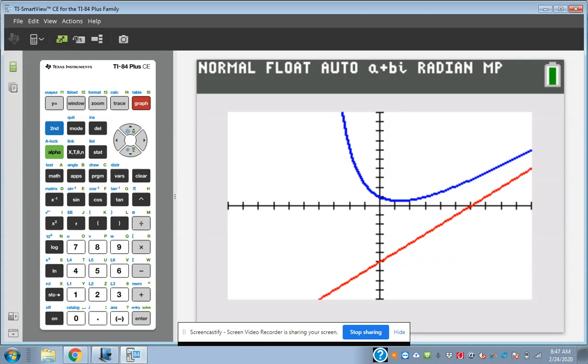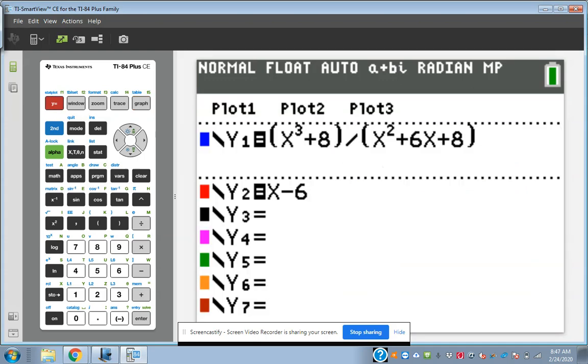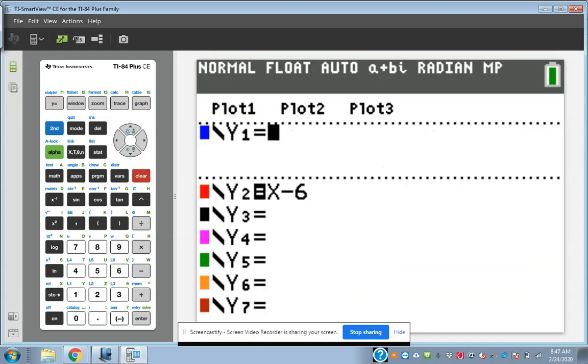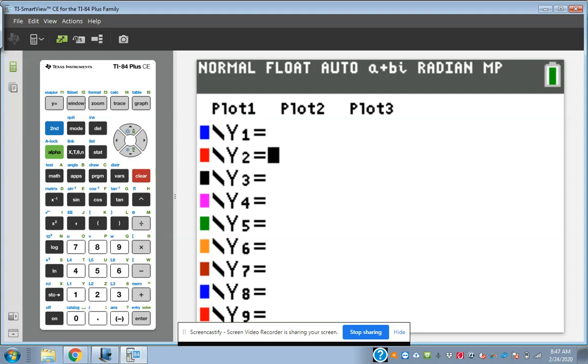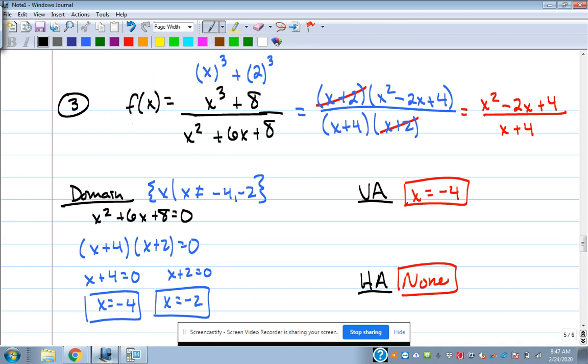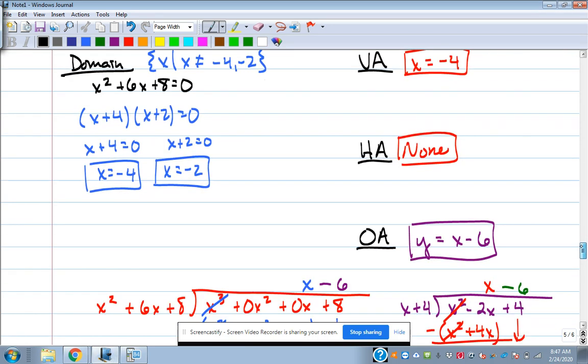So you can tell when there's an oblique asymptote, when there's a vertical asymptote, by the graph of your polynomial function. All right. So we're going to use that graphing idea to help us a little bit when we do these next few examples and check some things with that.